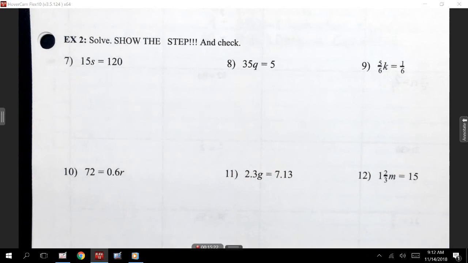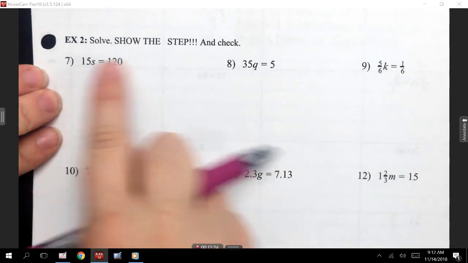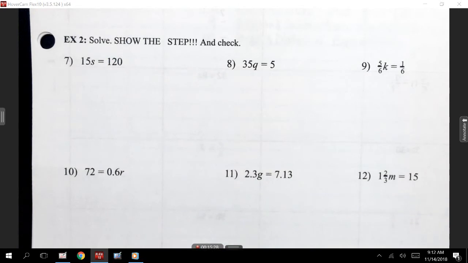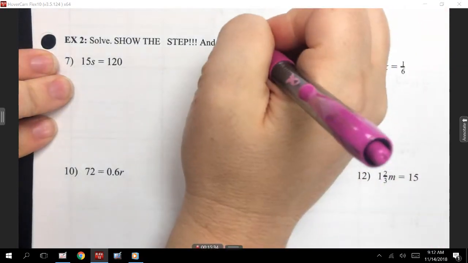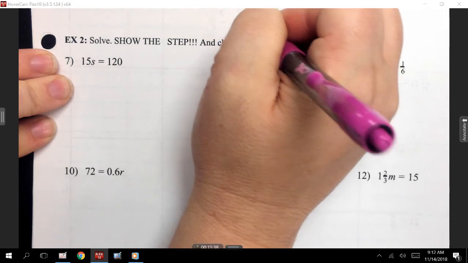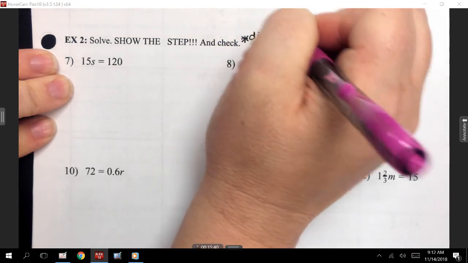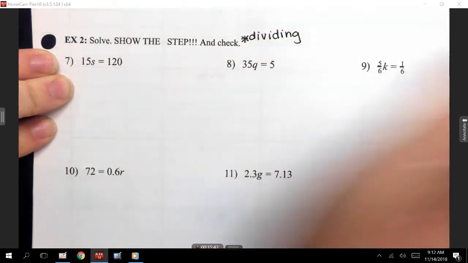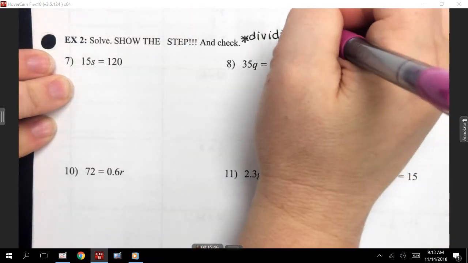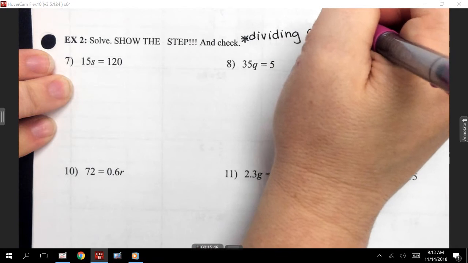All right, example 2. So this time, do you notice all of my numbers are right next to the letter? What operation is that when they're right next to each other? Multiplication. So, let's put a little star again. And we're going to put that dividing. I'm going to write it angled up because I got some space above.